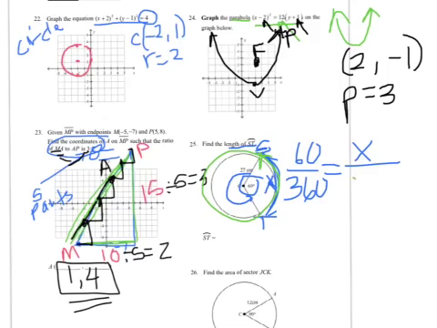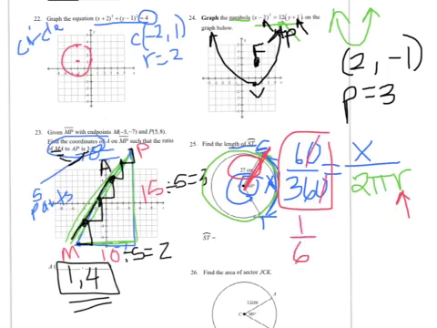So I need the circumference formula here, which is 2 pi r. Now they told us that the radius was 27 in the problem, right here. So I'm going to plug in 27 right there. And I'm going to reduce this because right now it's pretty ugly. I can cancel the zeros and reduce this to 1/6.